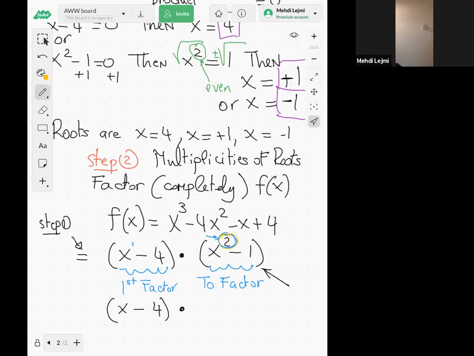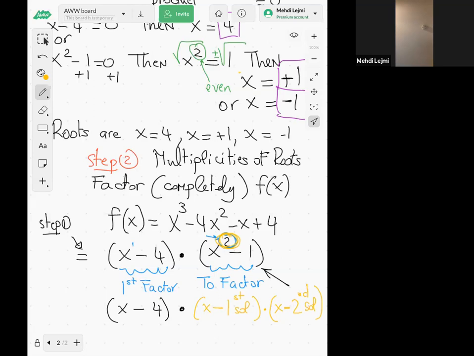And when you factor, it's going to be of the form x minus first solution times x minus second solution. And I got 2 different solutions, right?